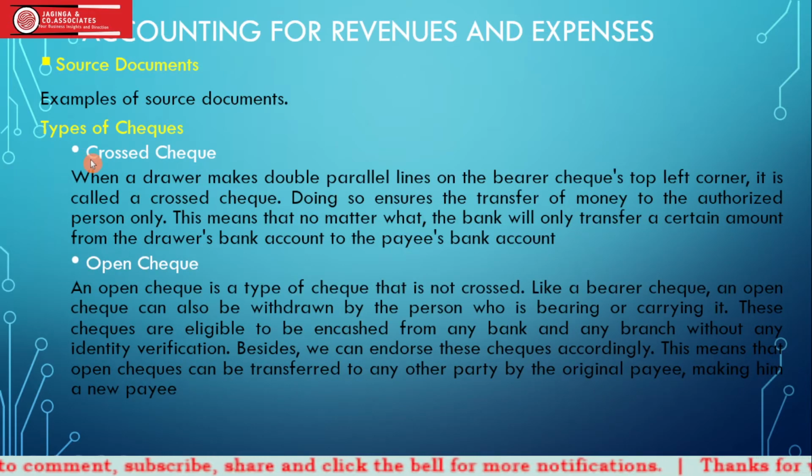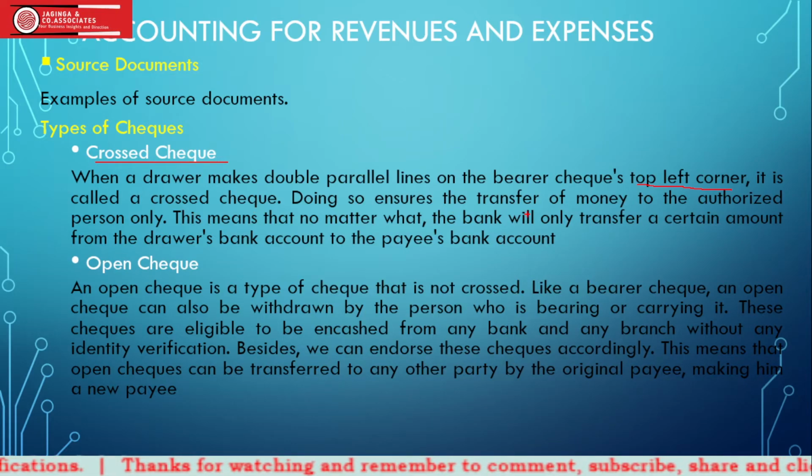And then we also have a closed check. With the closed check, we are saying it's when a drawer makes double parallel lines on the top left corner of the check, it is called a closed check.